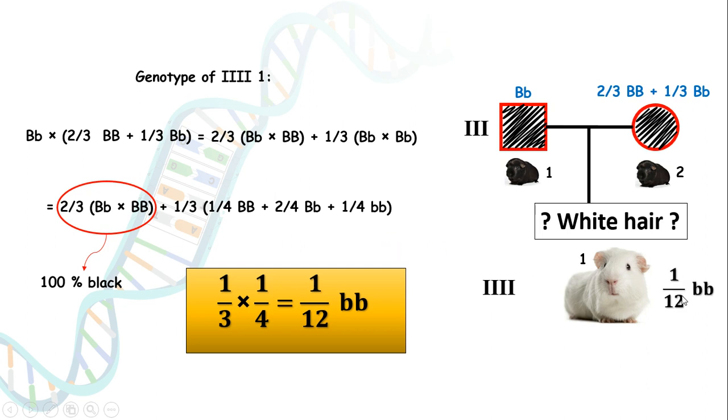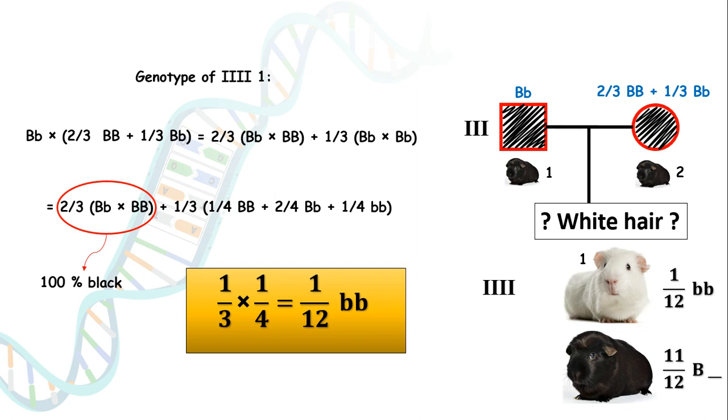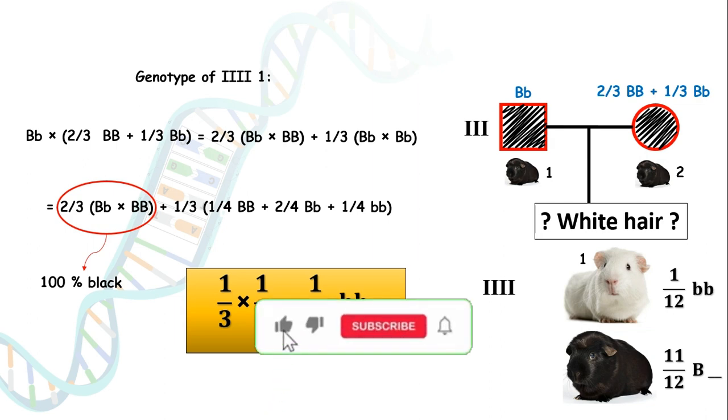So 1/12, and we will have 11/12 as the probability for having the black hair in this individual. So this is the final answer.